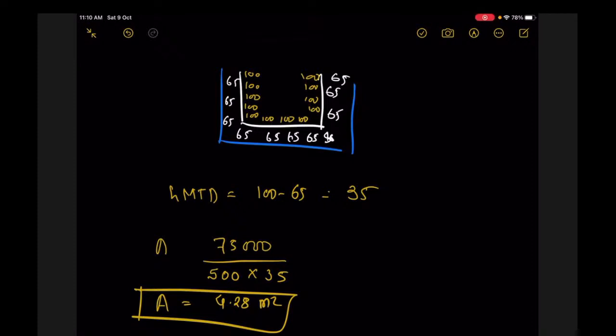Scientists have used all methods for calculating the mean, and they have found that the answer given by the logarithmic mean is very near to the experimental data. That is why we use LMTD everywhere, in calculating the area, in heat exchangers, and in mass transfer also.